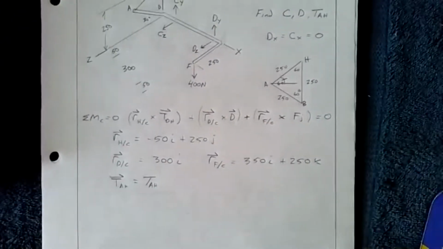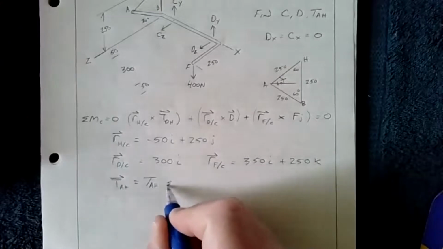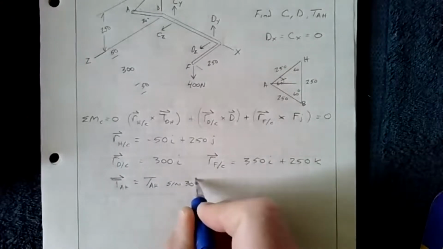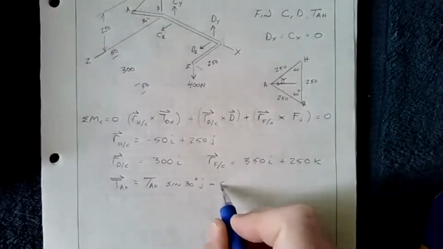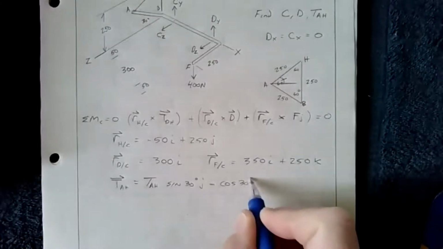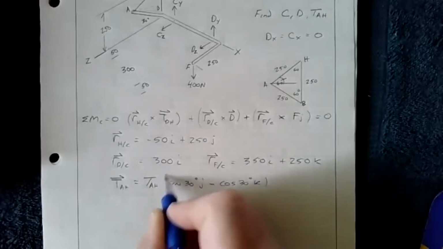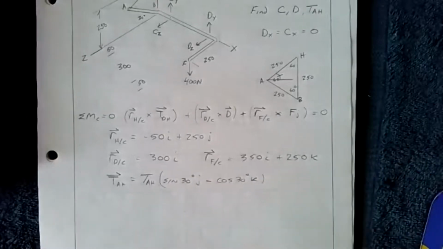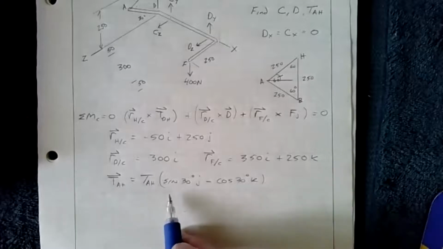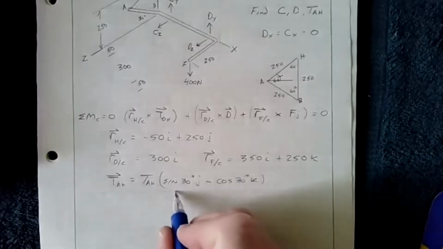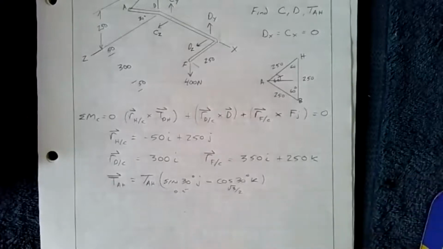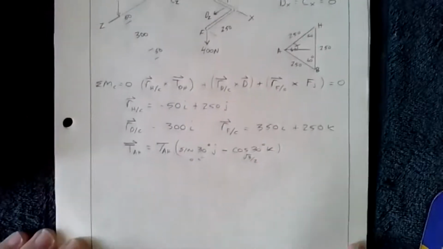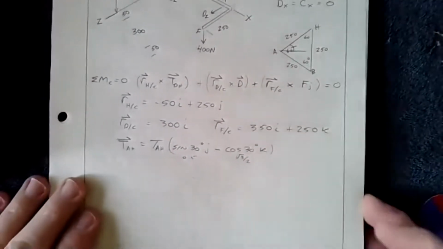So our AH simply becomes sine 30 j minus, because we're going in the negative Z direction, cosine 30 k. And that's it. We know by now that this is 0.5, and that's square root of 3 over 2. That's what those are equal to. So let's go ahead and set it up, just like before.